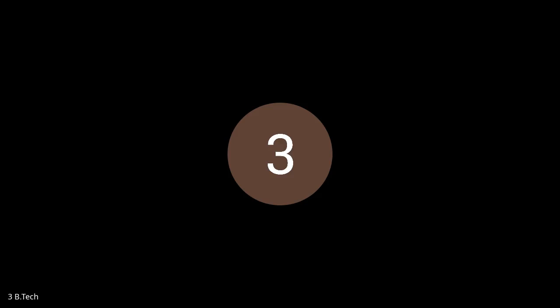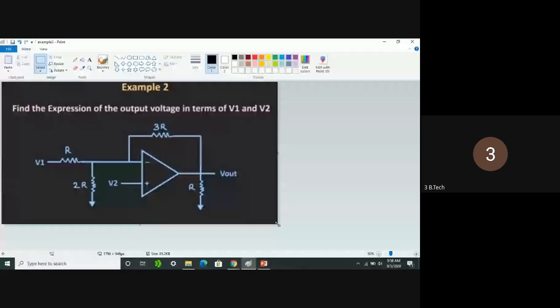V in 1 is just given as V1 and V in 2 is given as V2. So just follow the primary steps, just like the superposition theorem. First, initially, we should make this terminal go to ground.